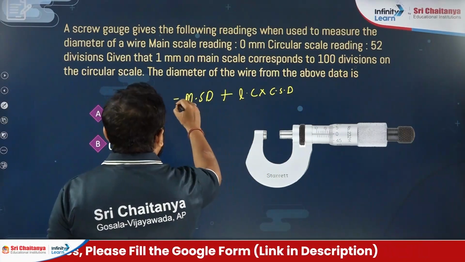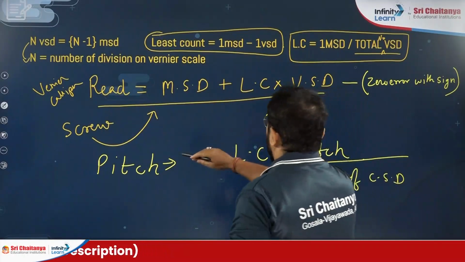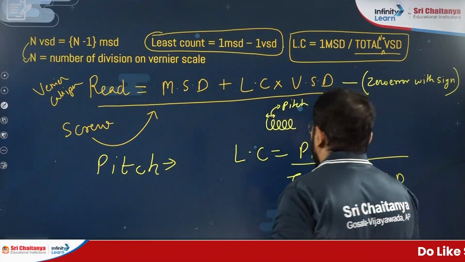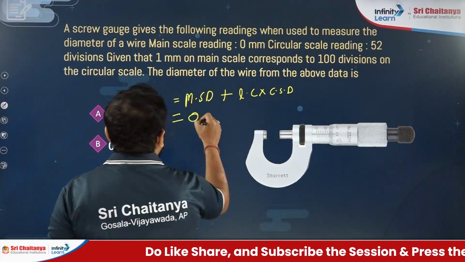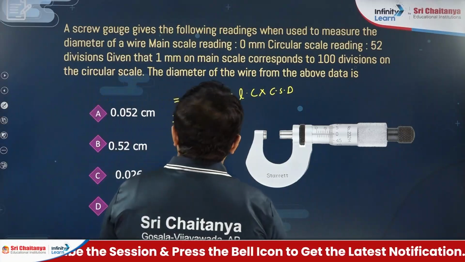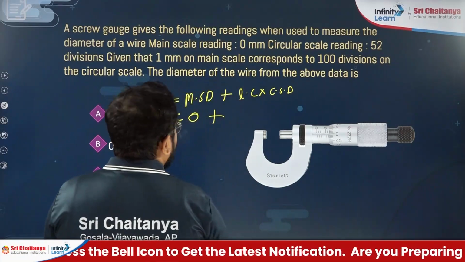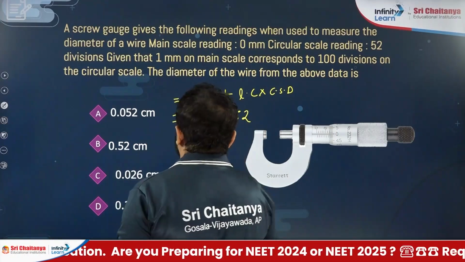In place of VSD, in the screw gauge it will become CSD, circular scale division. MSD is 0. LC is the least count. Now they are saying that it reads 52 divisions. That CSD is 52 divisions.